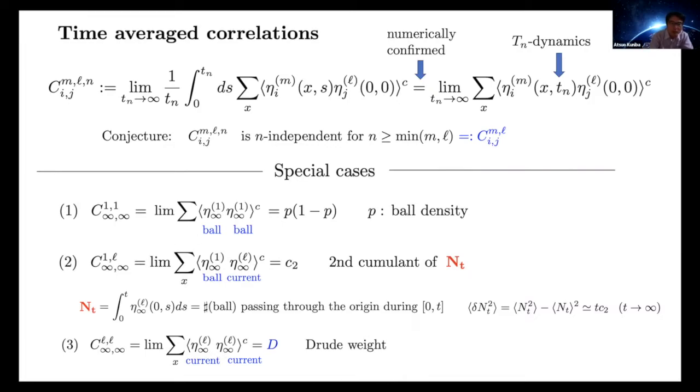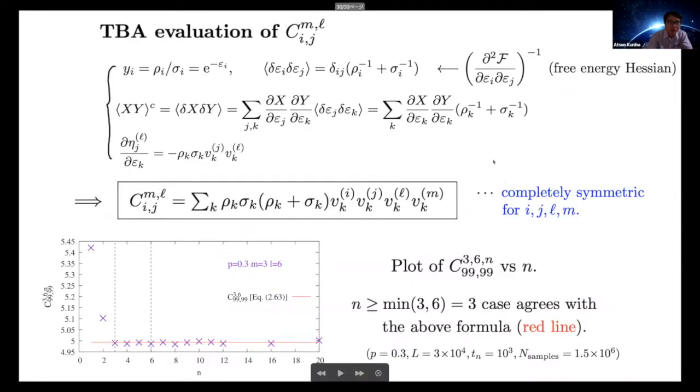But we can treat this more general case at the same time by using TBA analysis. So we can evaluate it exactly by TBA. So how does it go? First, this correlation should be calculated in this manner by using the fluctuations.